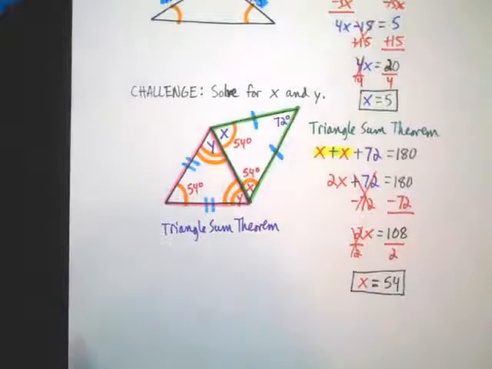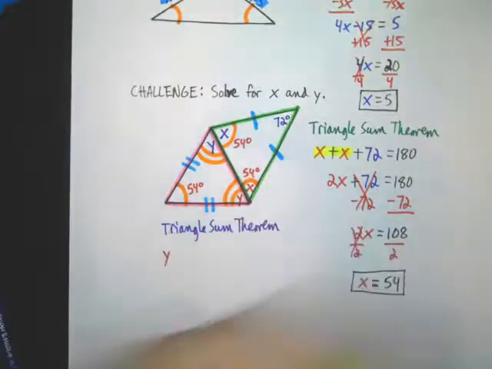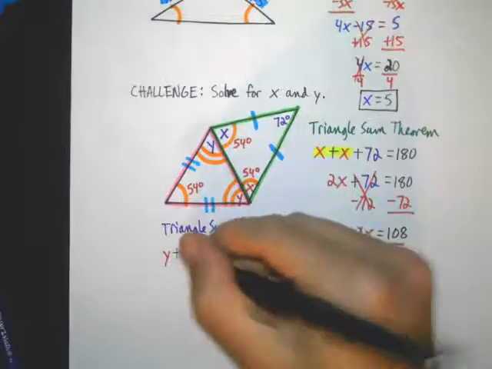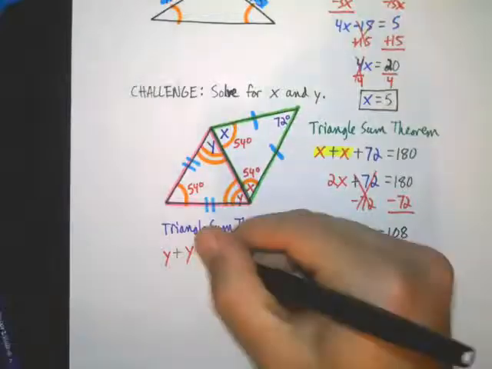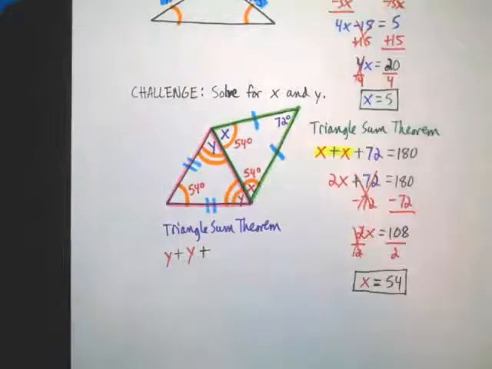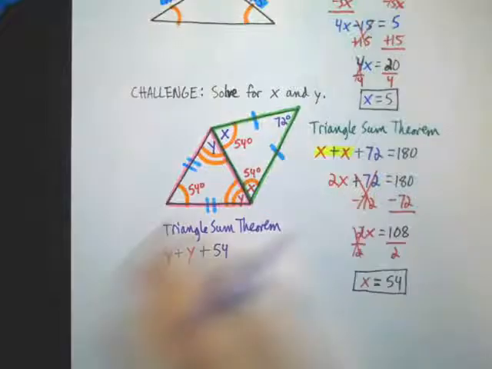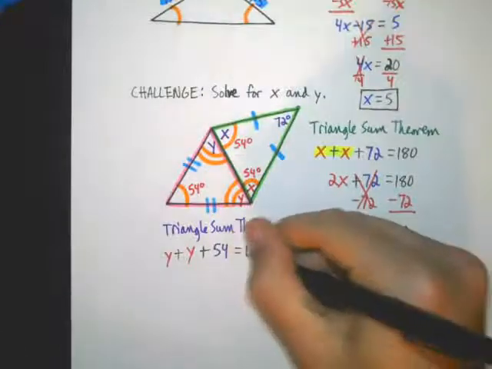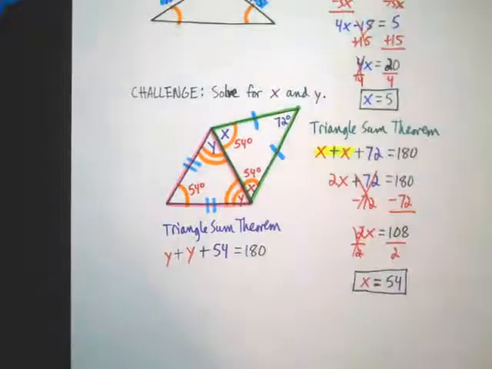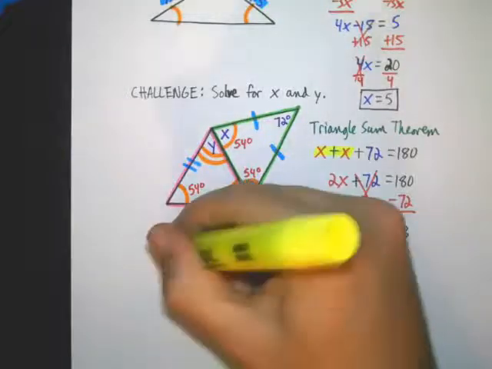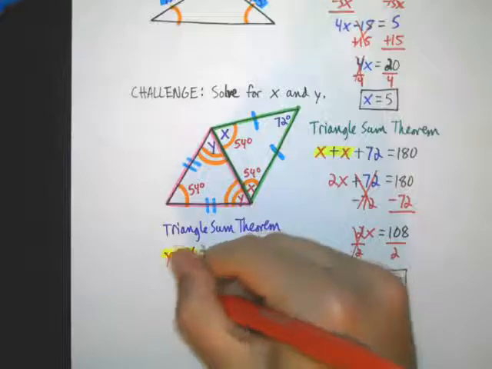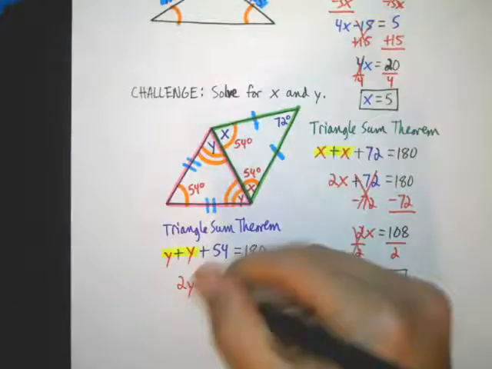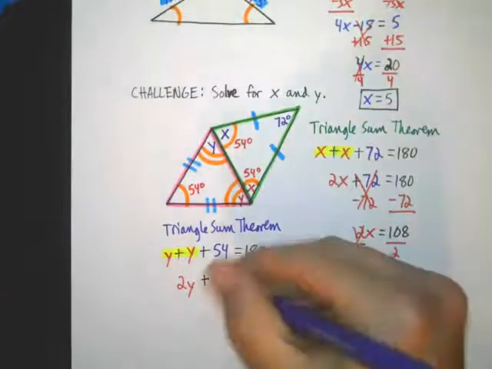And I'm going to take the two base angles, y plus y, and I'm going to add that with 54 to equal 180. I'm going to combine like terms. Y plus y makes 2y plus 54 equals 180.